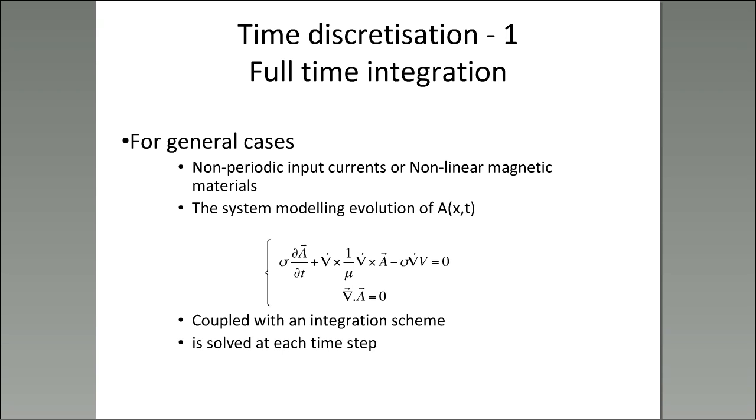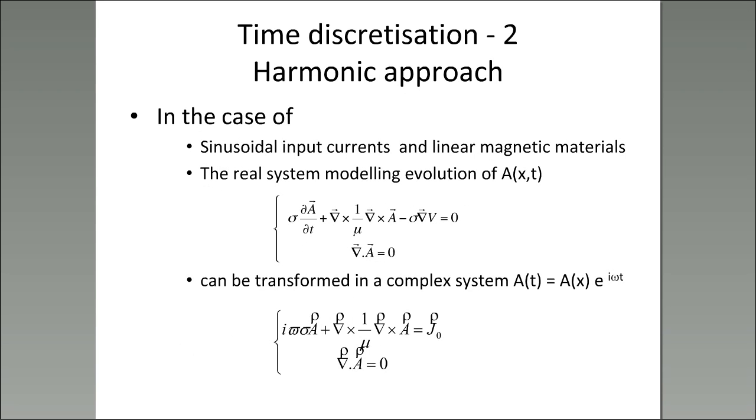However, it can be quite time-consuming, and so that's why in some specific cases you can use what is called a harmonic approach, meaning that if you have sinusoidal input currents and linear magnetic materials, you can transform your system, for instance the AV system which I showed here, into a complex system, meaning that you are going to express A as A_x times an exponential of i omega t.